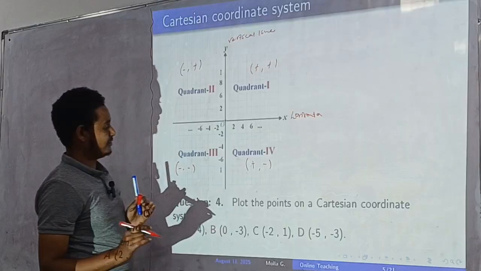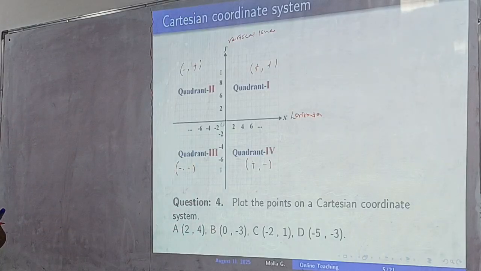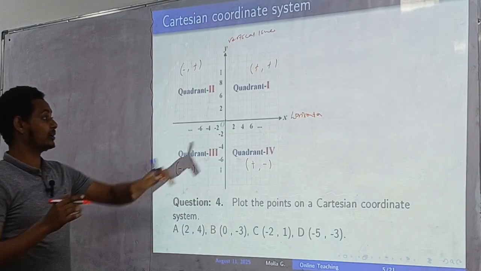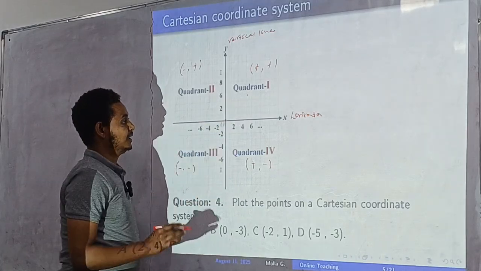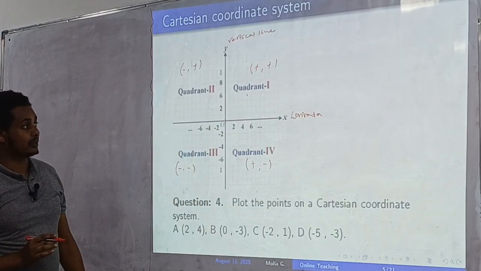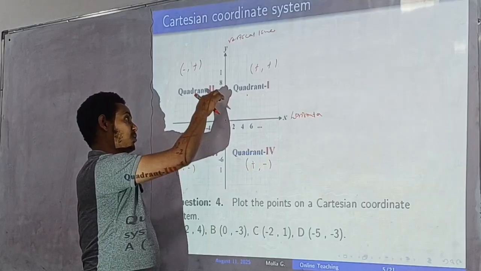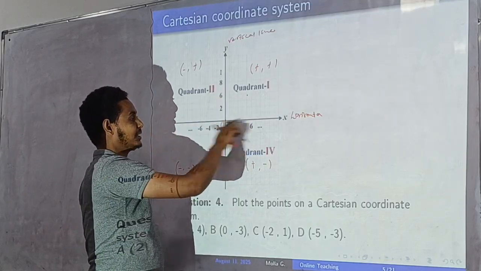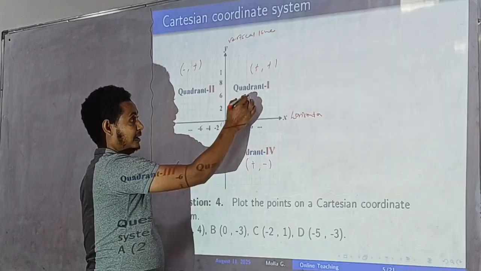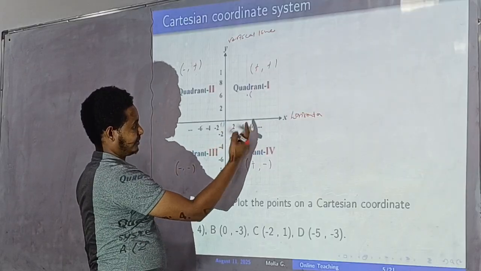Because the definition of relation comes from here. If you take one point in a plane, this point takes two numbers, one horizontal and one vertical. Always we have to read the horizontal number first.